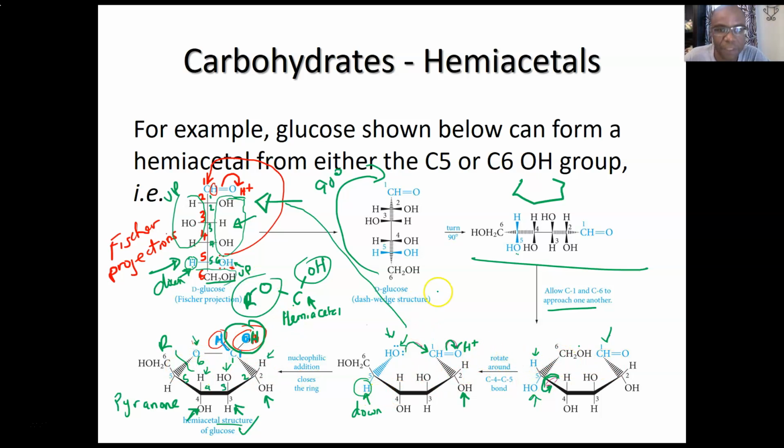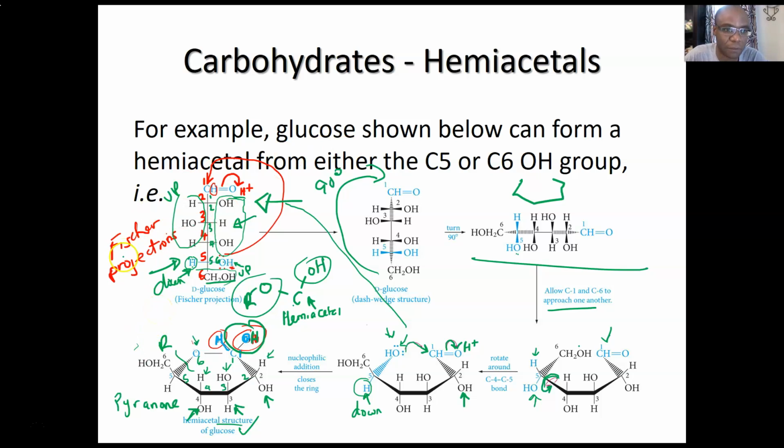Those are very technical things to do. I don't think I'll be testing you to draw the mechanism or predict the chirality in the test, but I do want you to see that yes, Fischer projections can be converted to hemiacetals, which are rings.